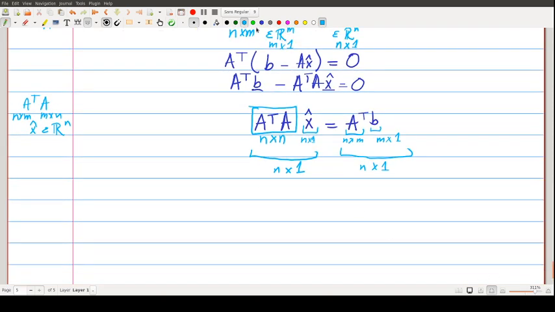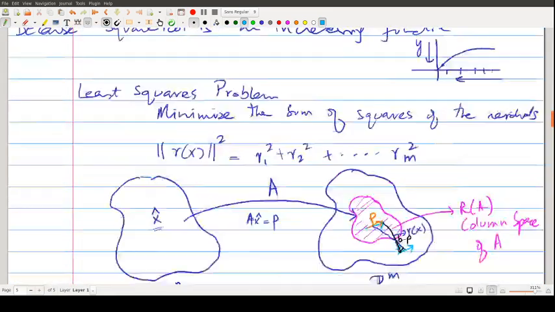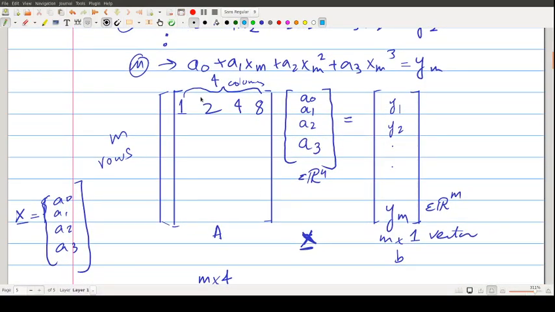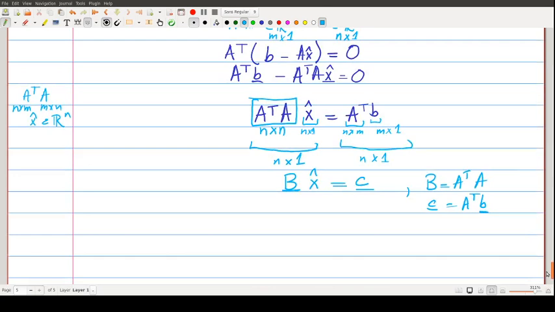I can write this perhaps in a different way. I can just say that this is a system solving B x hat equals C, where B is A transpose A and C is A transpose times B, right? So coming from solving this overdetermined system, which had m by n rows and was a very unbalanced system, instead we found a square system.